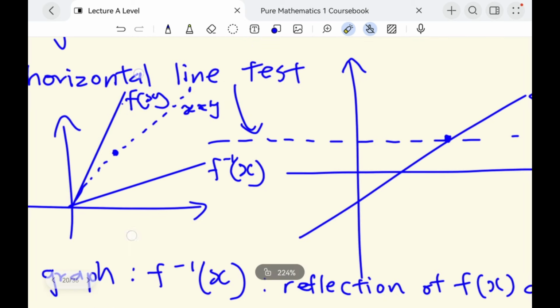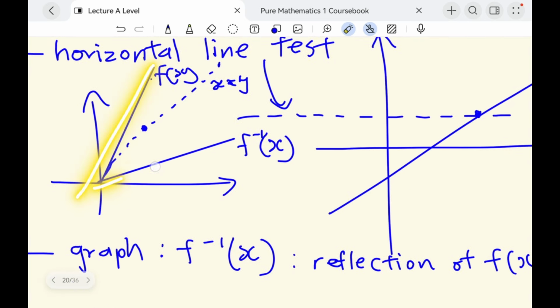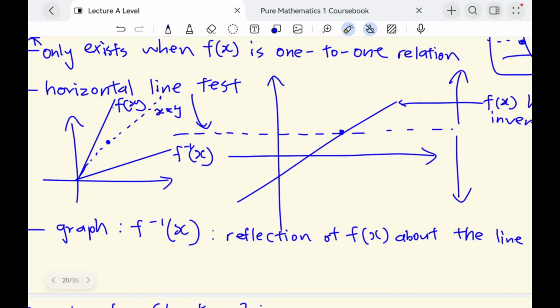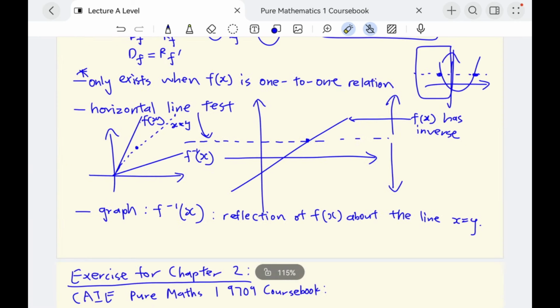So if you convert this f(x) into your inverse function, you can see that the graph of the inverse function is the reflection of f(x) about the line y equals x, with the diagonal line y equals x as the center.